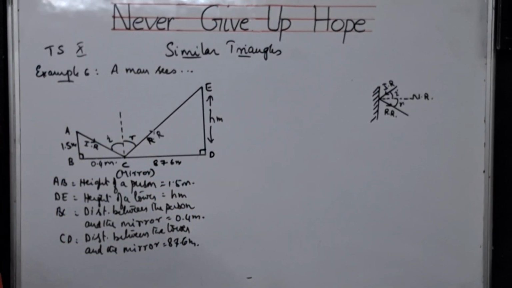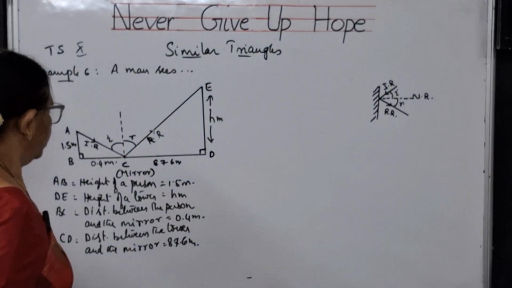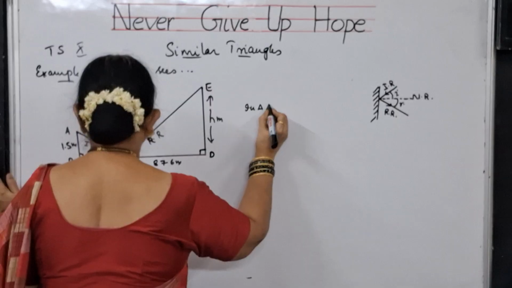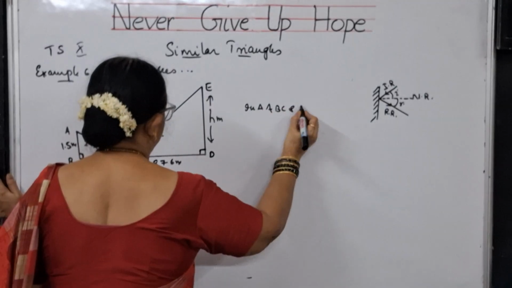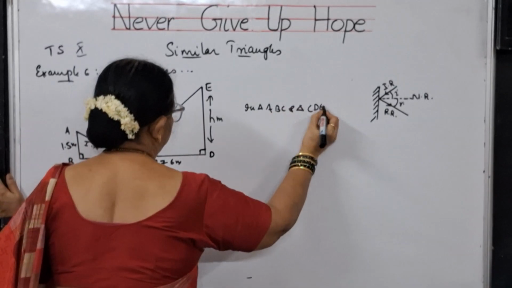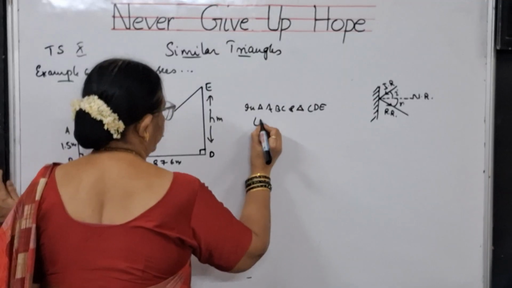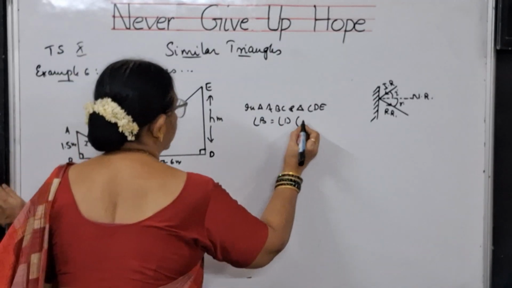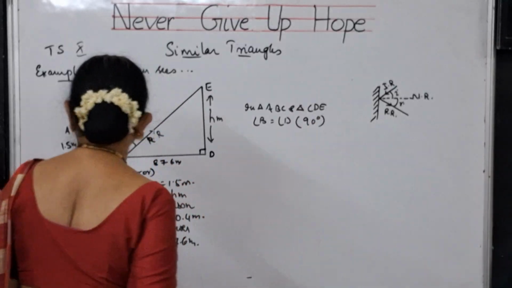Now let us proceed with our calculations. Let us take triangle ABC and triangle CDE. Angle B is equal to angle D. Why? They are 90 degrees.